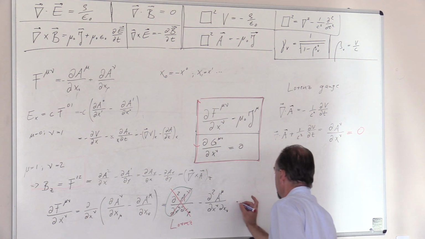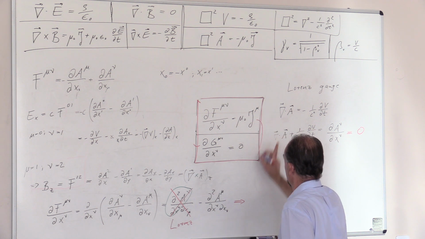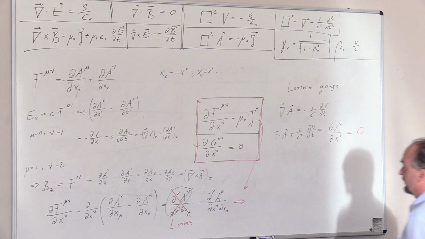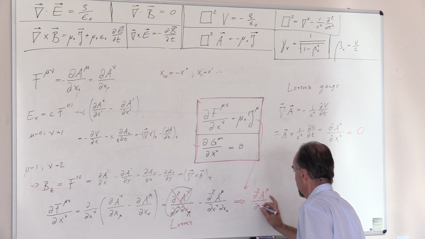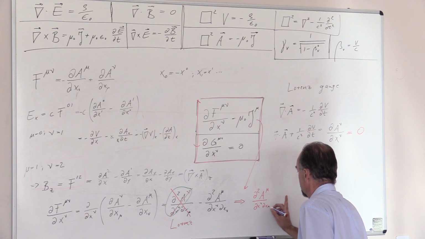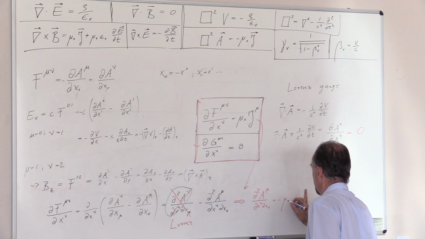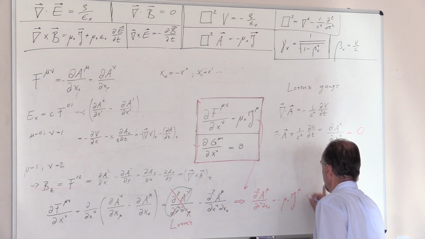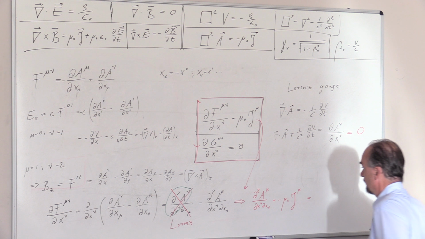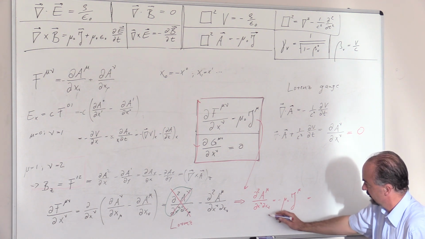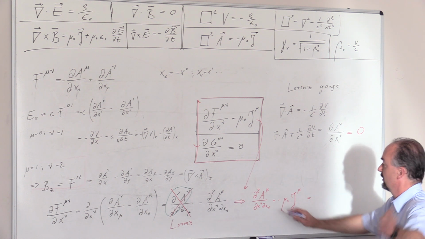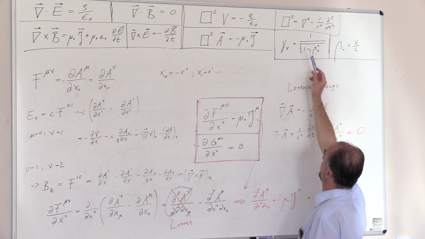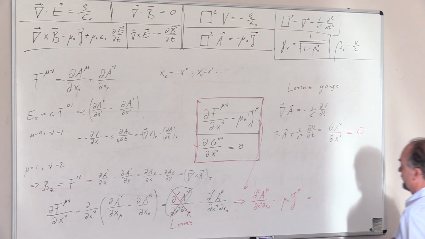So this equation then simply tells us that d2A^nu over dx^mu dx_mu equals minus mu naught j^nu. What we have here is the contraction of the second derivatives over all components, which is nothing else but our D'Alembert operator.